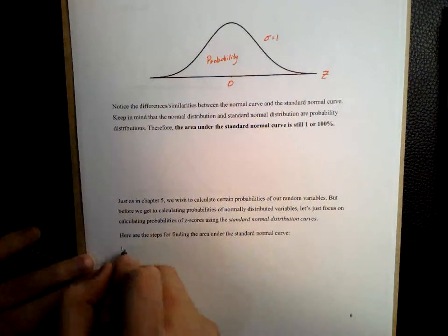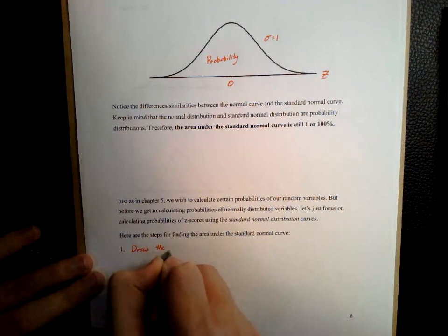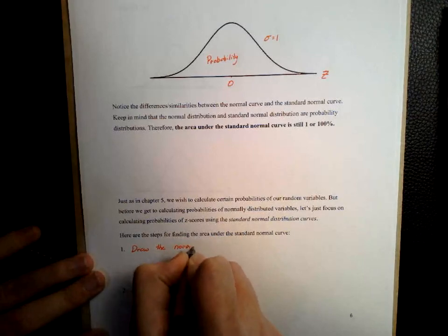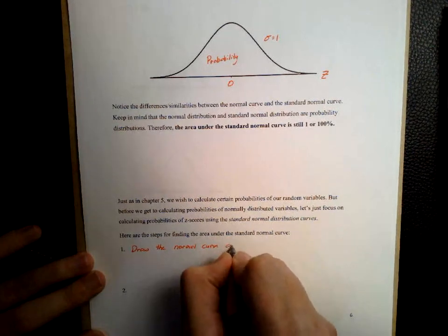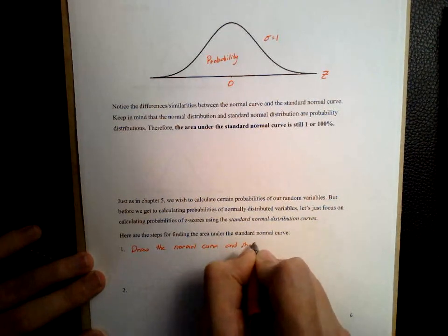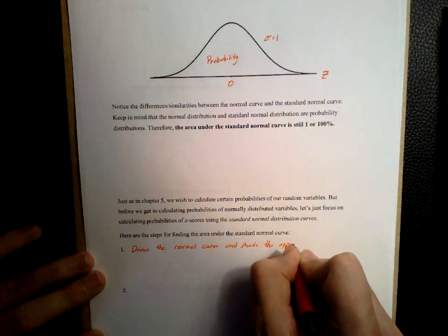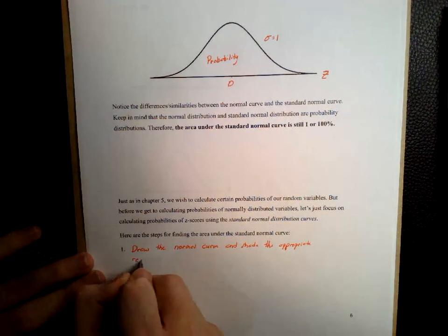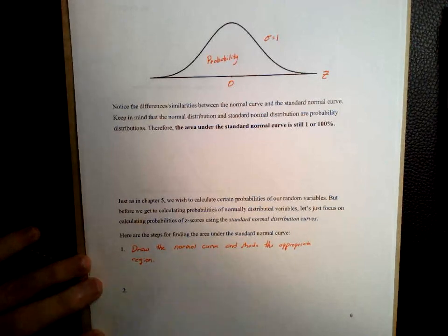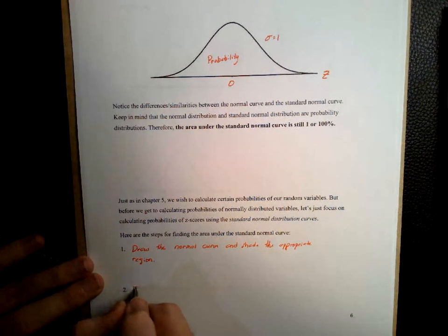So the first one would be draw the normal curve, and shade the appropriate region. Then once we have figured out the region that we actually want to find the area of, we go to the second step.